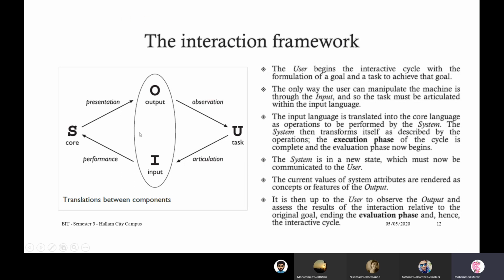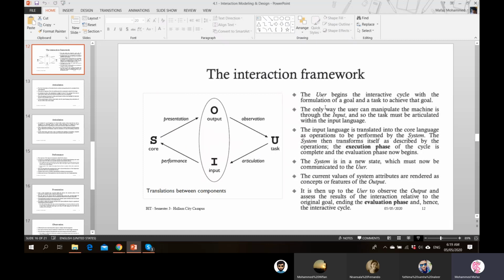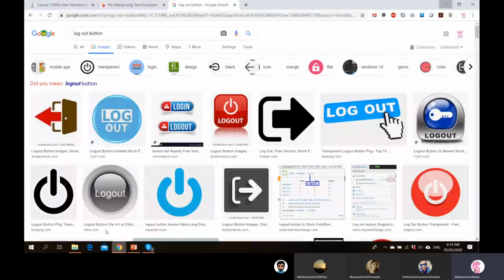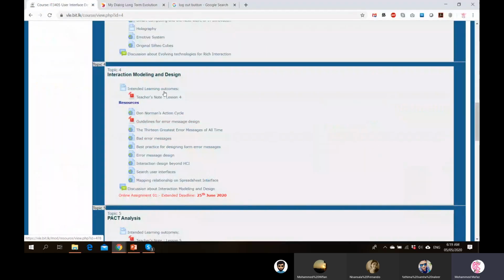And also maybe go through the web. In your VLE, they have provided some other references for examples of bad error messages. Even the notes, they have some additional discussion under that.